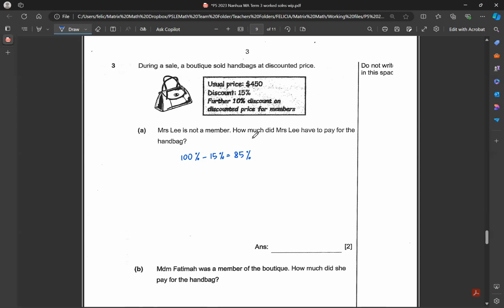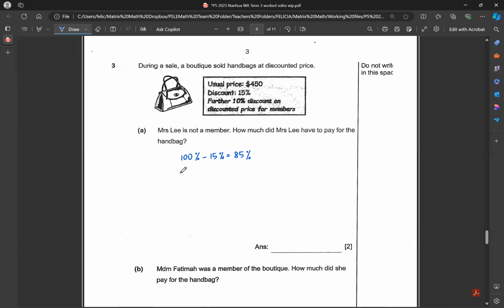Remember from here, there are two ways. You can use the unitary method or the multiplication method. Both are fine. If I use the multiplication method, it's just 85% times $450. If you're not comfortable with that, it's okay, stick to the units method.